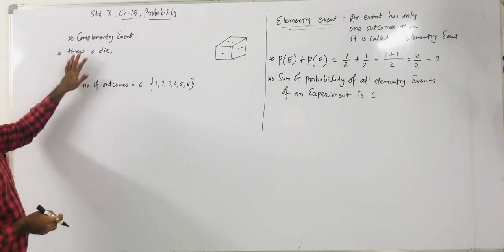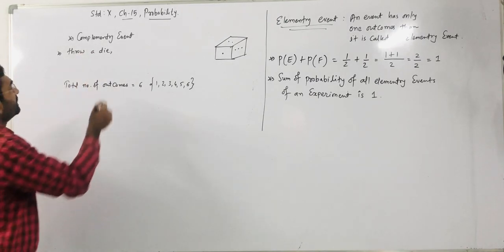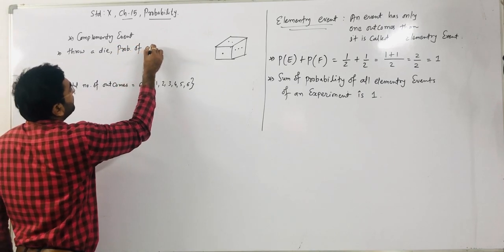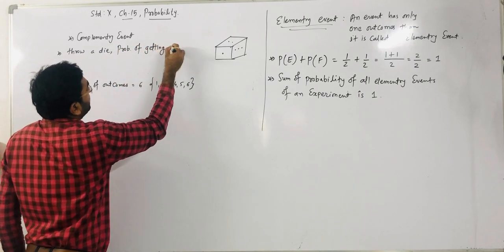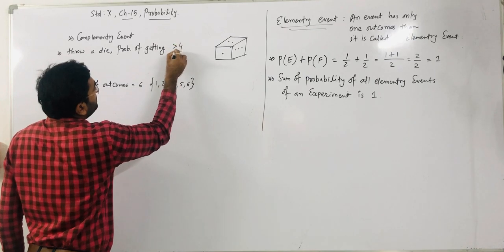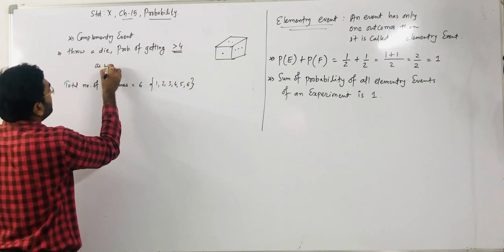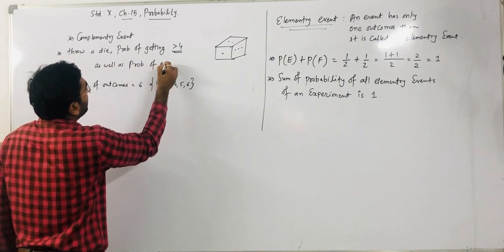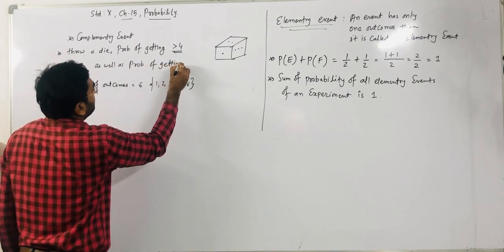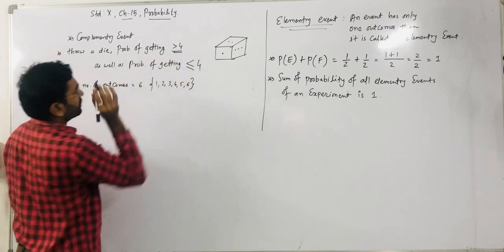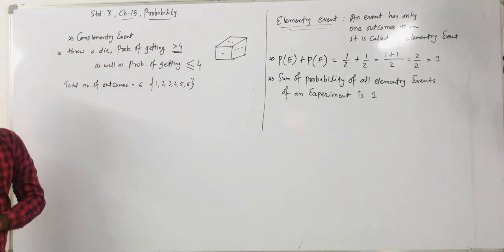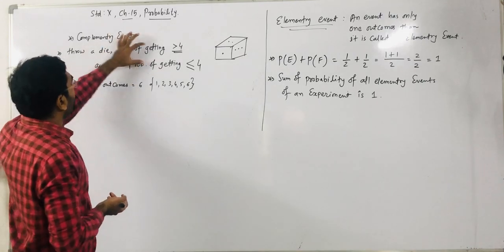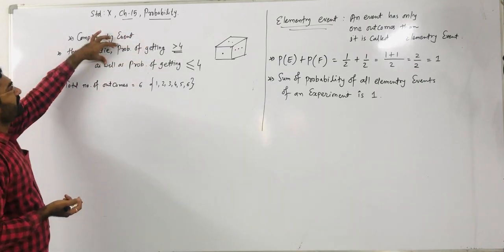Now suppose whenever we throw a die, I want to find the probability of getting outcomes greater than 4 as well as the probability of getting outcomes less than or equal to 4. Both events' probabilities we have to find. So the total number of outcomes I represent here, and whatever the event, its probability we have to find.